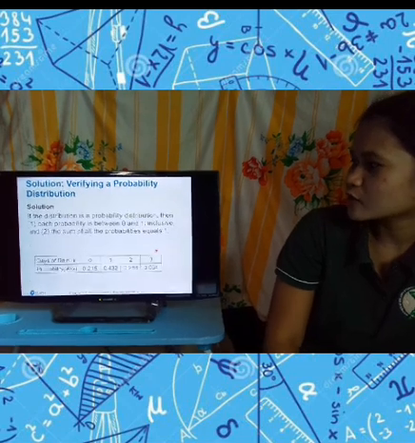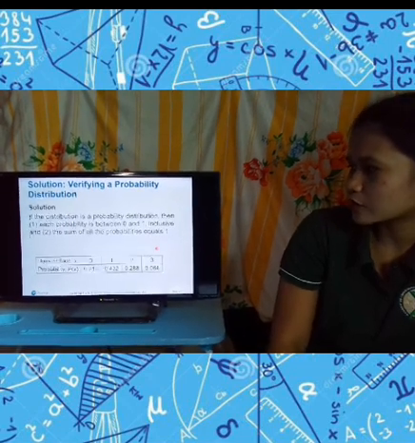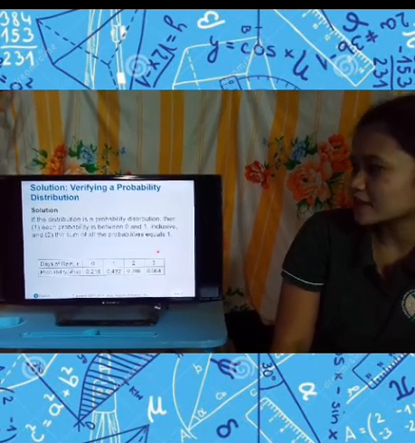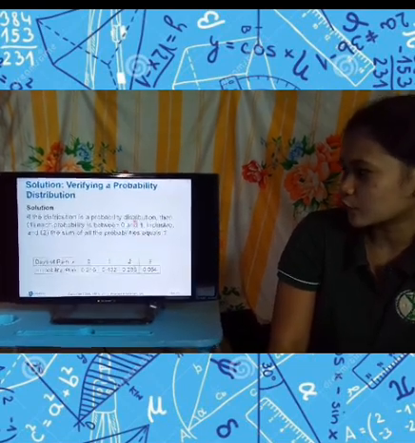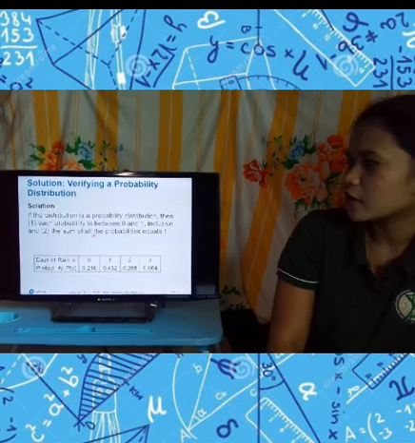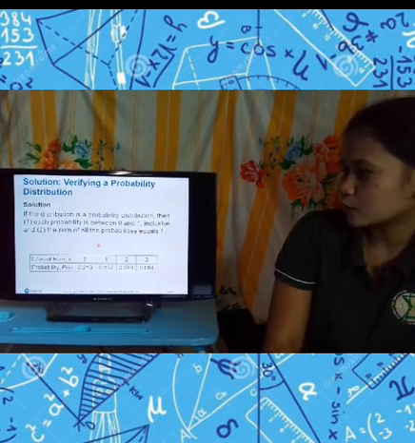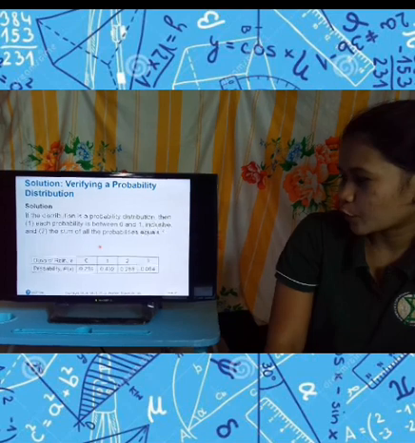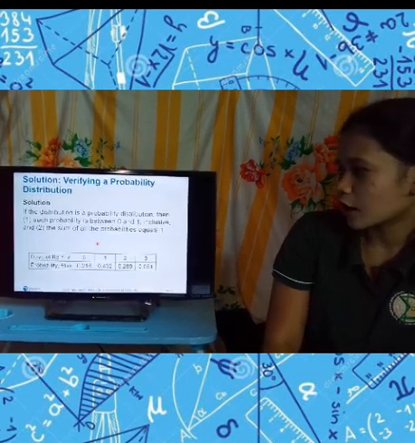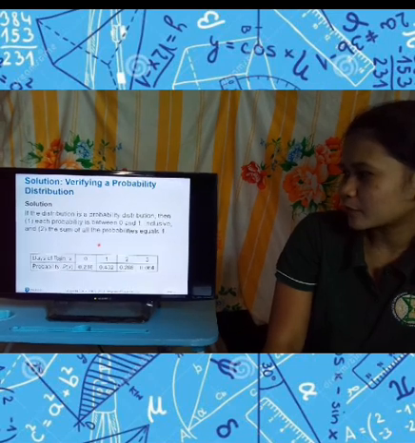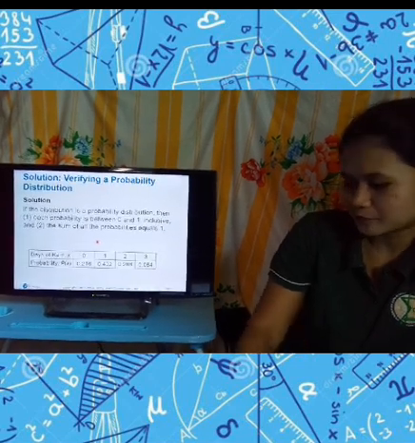Solution. If the distribution is a probability distribution, then it must satisfy two conditions: each probability is between 0 and 1 inclusive, and the sum of all the probabilities is equal to 1. As you can see, the values of the probabilities are between 0 and 1.